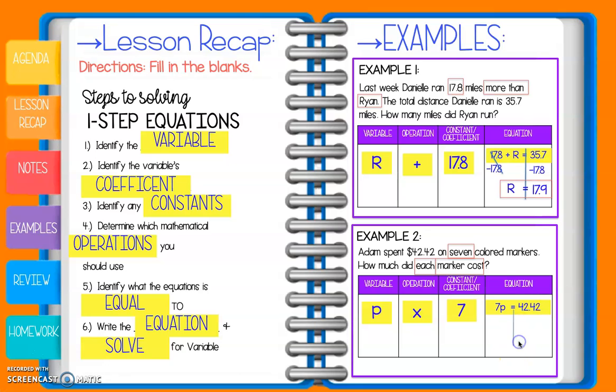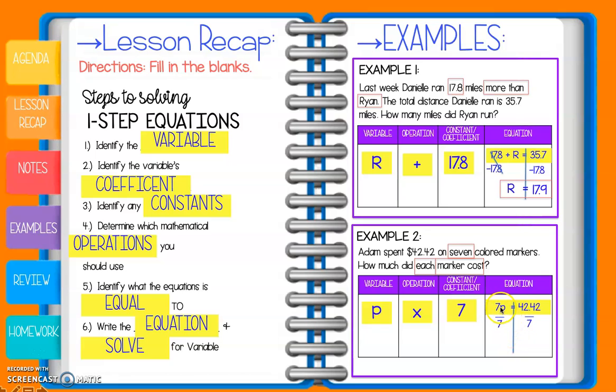Okay, so we're going to solve it out the exact same way that we know how to. We're going to draw our line through the equal sign, and now we're going to figure out what inverse operation we need to solve. This is multiplication, so the inverse we're going to use is division. We're going to divide out our 7 to get the P all by itself. Now remember, whatever I do on the left, I need to come over here and do on the right as well. So I'm going to divide by 7 over here as well.